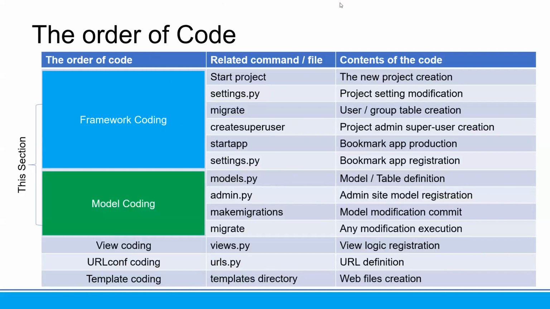When you create the application, we will have the framework coding. The framework coding means you need to start the project. Later you will see what you will do to start the project.